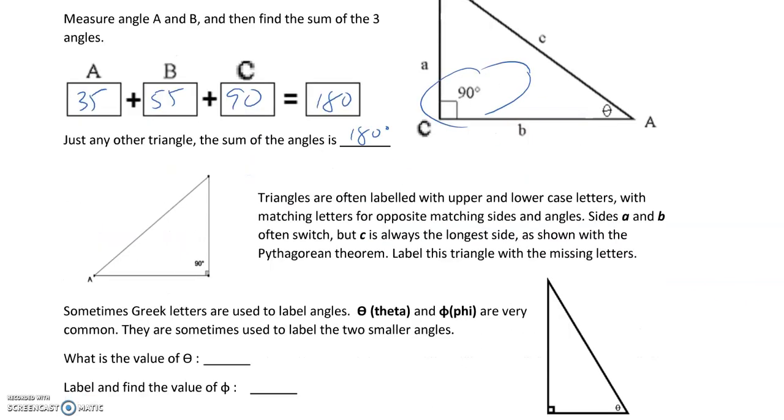Now, triangles are often labeled with upper and lower case letters with matching letters for opposite matching sides and angles. So sides A and B often switch, but C is always the longest one. So this is always the longest side. A and B, that could be A, except there's a little A over here.